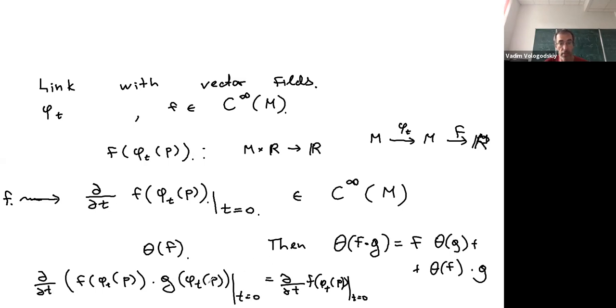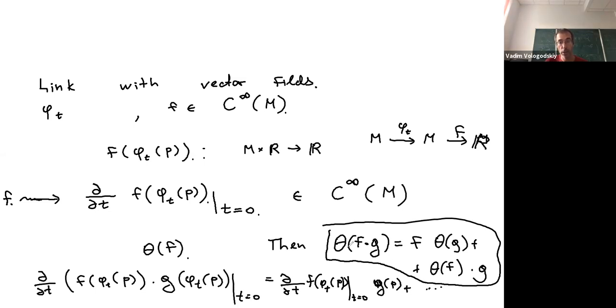But because phi 0 of p is p itself, you just multiply it by g of p. Then you get the same expression in the opposite order, and you get this formula. So this formula tells me that this operation that takes f to this derivative is a derivation, which means that theta is a vector field.